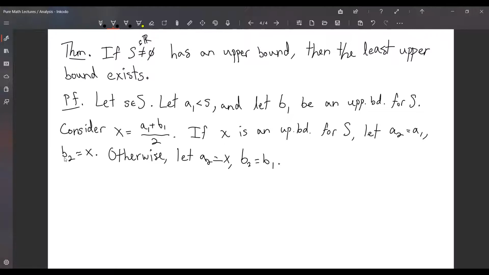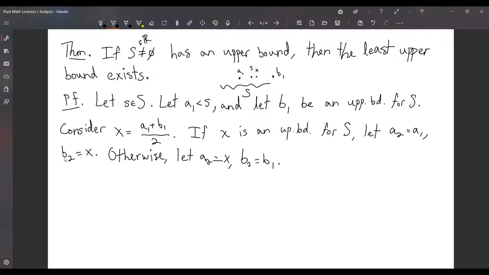So let me draw this pictorially, right? We have our set, which is sort of going to be abstract. We don't really know how to represent our set, but we know we have this little element s, right? And then we said let A1 be just some number less than s, and B1, I'll draw it over here, is an upper bound for S. What we're doing is we're considering this point X in the middle of A1 and B1, and we are asking, is X an upper bound?